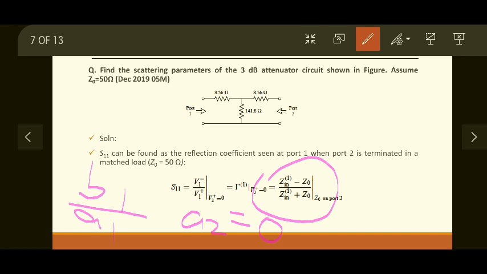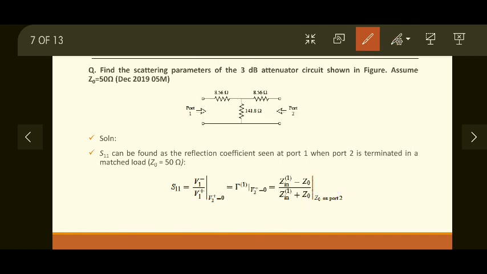We know the value of Z0, so we have to calculate the value of Zin. So how to calculate the value of Zin? To this network I can connect a load of Z0. So what will be Zin? You can use simple network analysis to calculate the input impedance of this network.